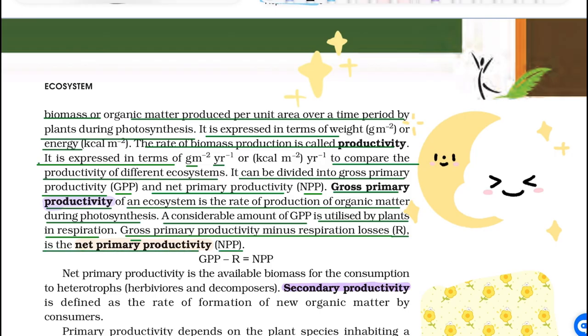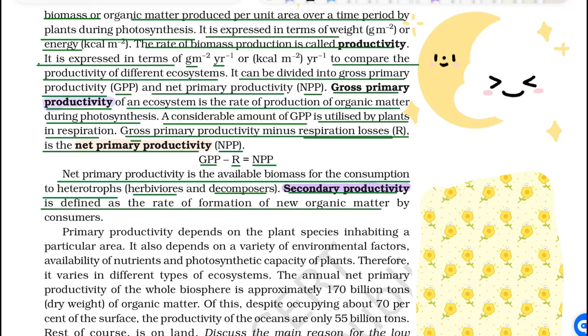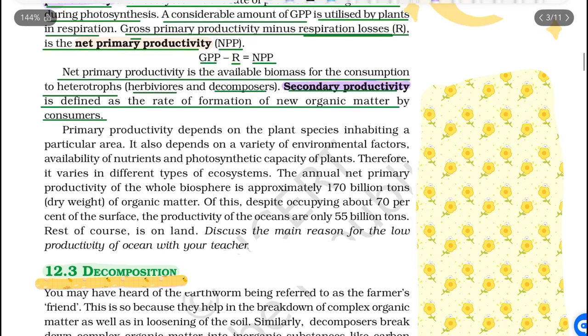GPP minus R is equal to NPP. Net primary productivity is the available biomass for consumption by heterotrophs, herbivores and decomposers. Secondary productivity is defined as the rate of formation of new organic matter by consumers.